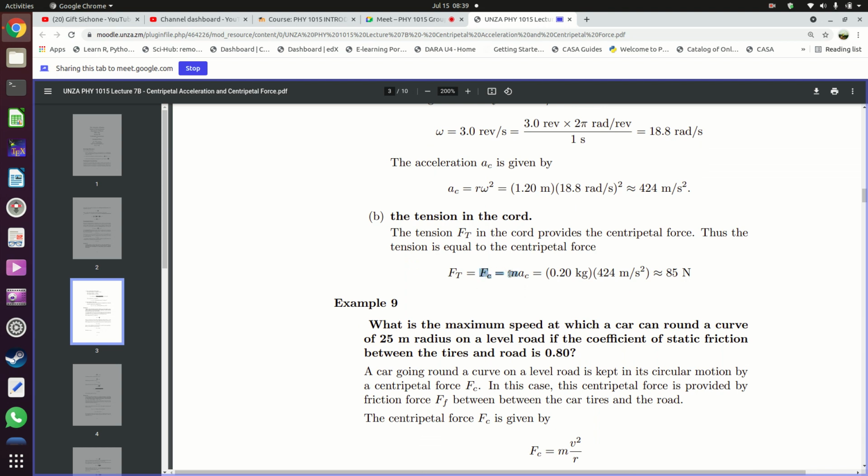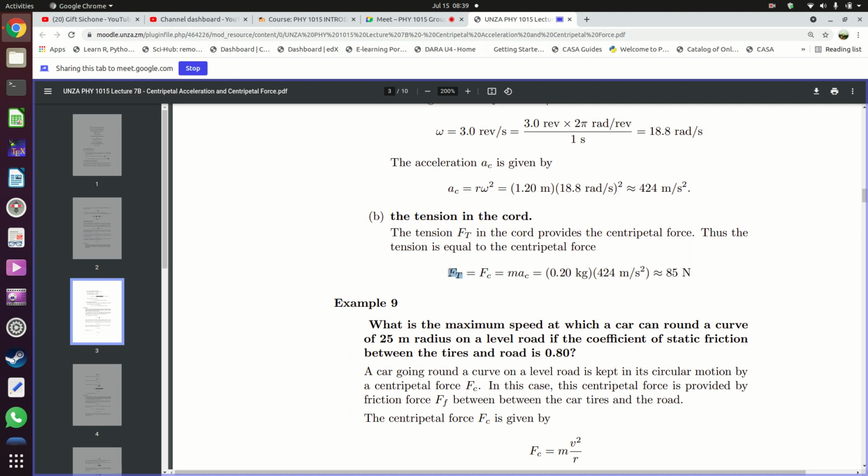F_c is equal to m multiplied by a_c. So the mass of the object, which is 0.2 kg, multiplied by the acceleration which we have, and we end up with a force of 85 newtons. This is your centripetal force, but this centripetal force of 85 newtons is also the tension. Are we clear? So the tension in this case is what's providing the centripetal force. Is it clear?